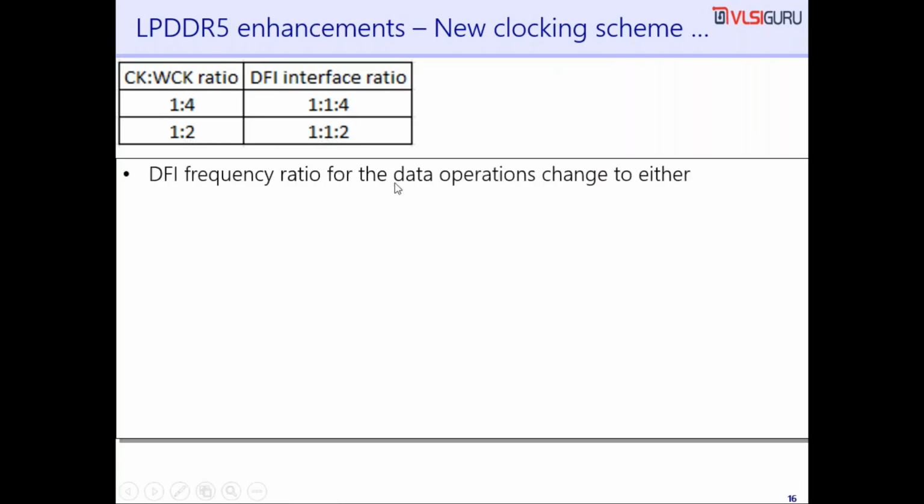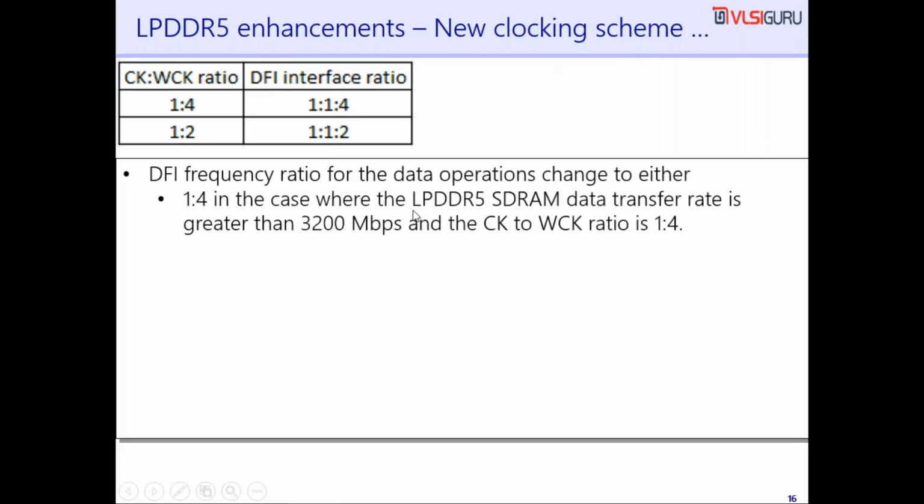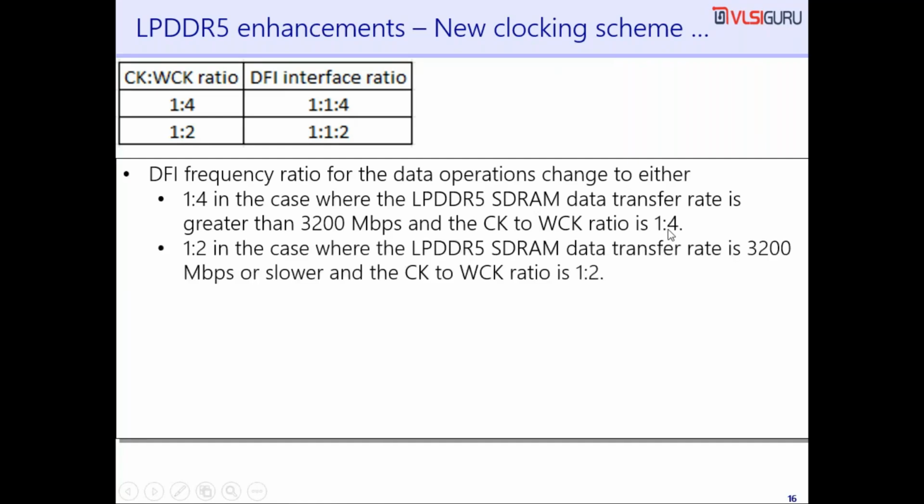The DFI frequency ratio for data operations changes to either 1:4 in the case where the SDRAM data transfer is greater than 3200 megabits per second, or CK WCK ratio is 1:4. It changes to 1:2 in the case where transfer rate is 3200 megabits per second or slower, or the clock ratio is 1:2.